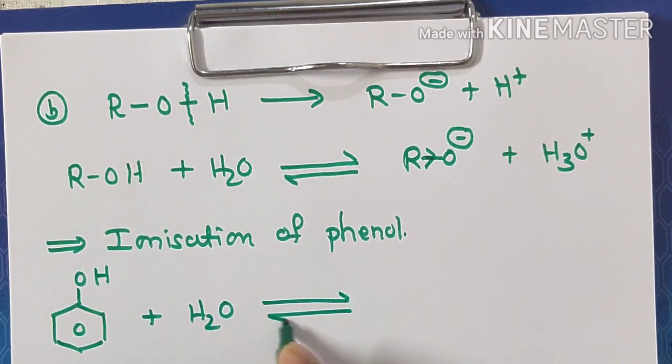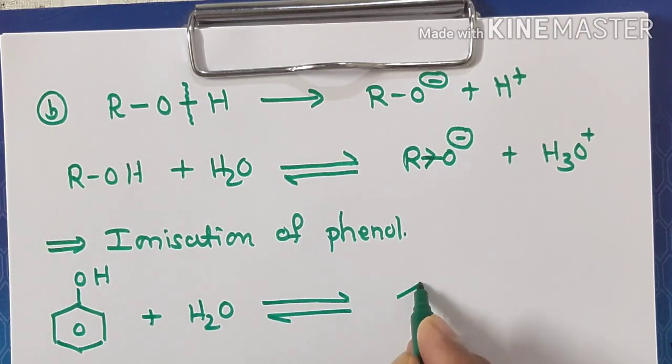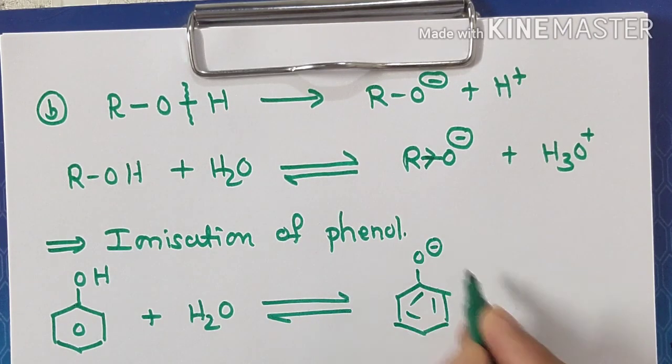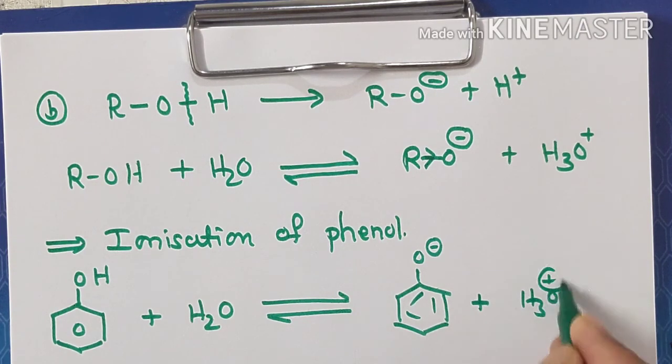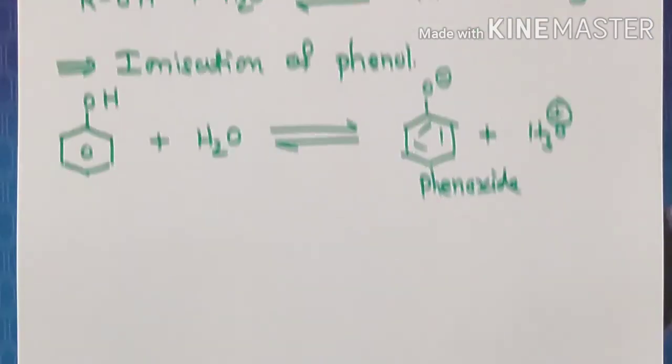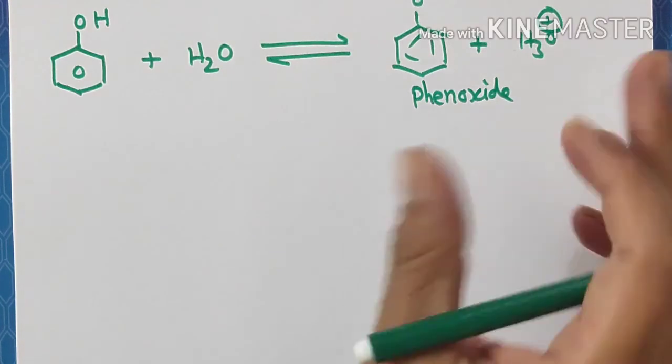In this case, what will form? It results in the formation of phenoxide ion plus H3O plus. But student, this phenoxide ion which is formed is found to be stable.